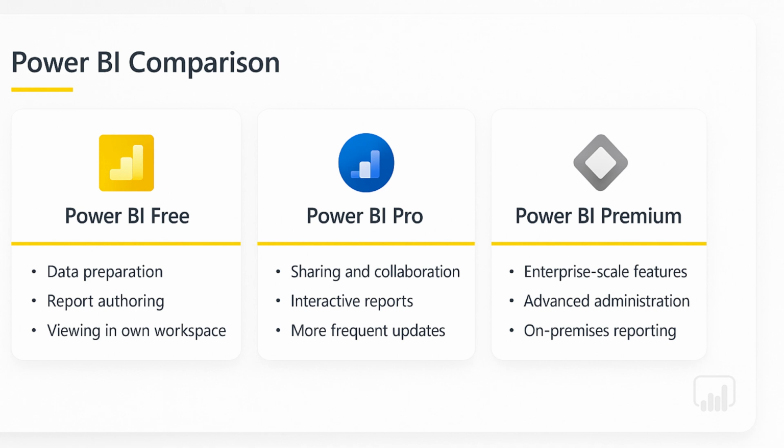The last one is Premium or Premium Per User. It is for enterprise scale. We can deal with bigger datasets here. We can do paginated reports and AI features and more. There are limits on dataset sizes, refresh frequencies, etc. So be sure to check Microsoft documentation for current quotas.